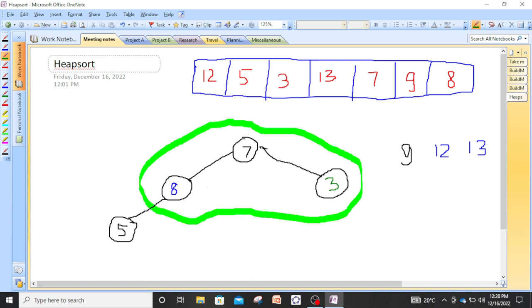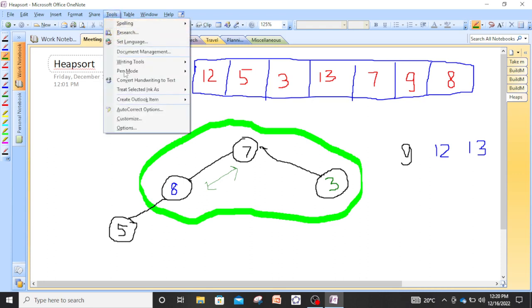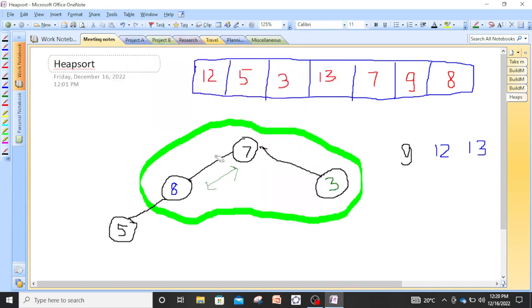This is the direction of interchange. So 8 and 7 will be interchanged. 8 will go up, 7 will come down. Here will be 8 now, and here will be 7.